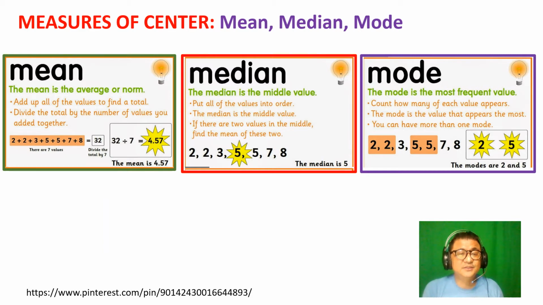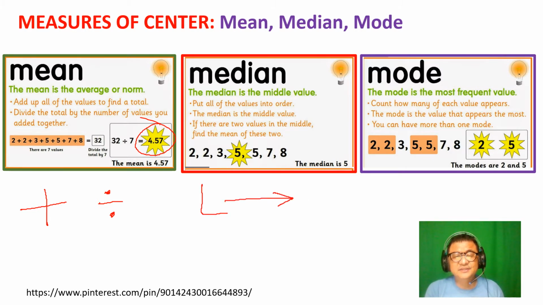Now, let's start with mean. We did this in the previous lesson. Let's have a quick review. In solving for the mean, what do we do first? We add, and then we divide, and then we get the mean. Remember that? Now for the median, arrange from least to greatest and get the middle number.